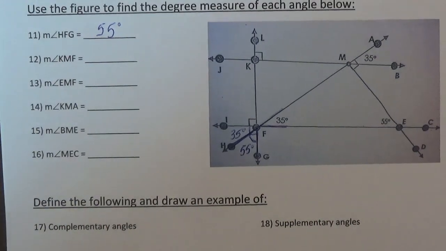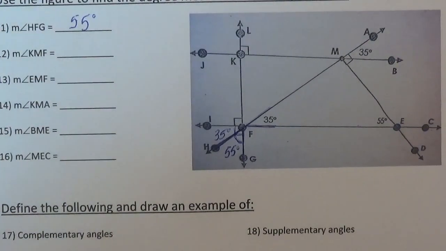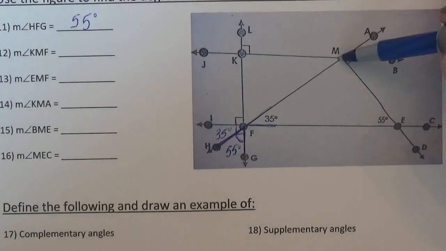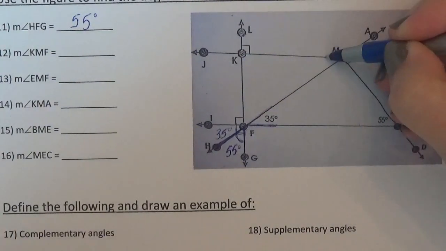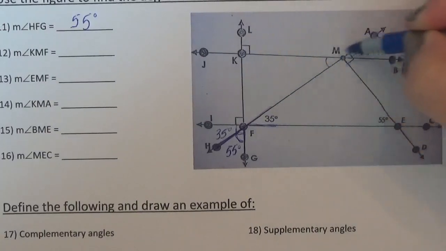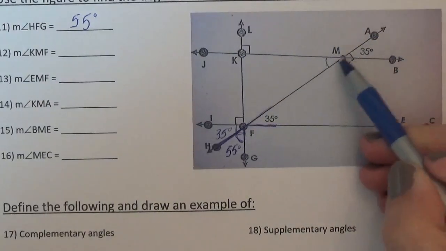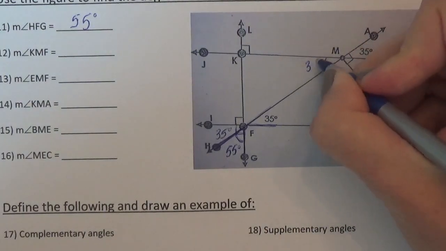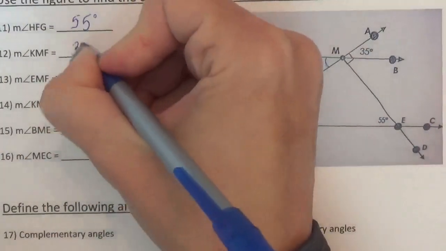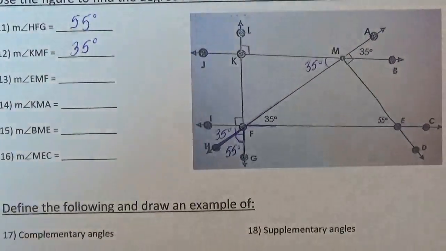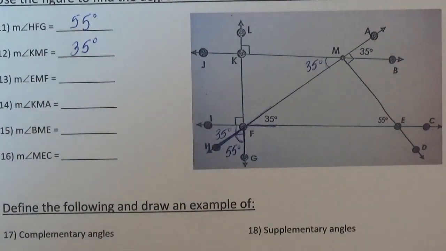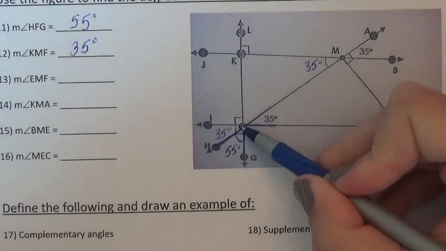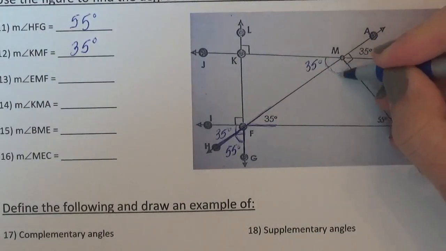All right, KMF. KMF. F is over here. So they're talking about this angle right here, KMF. Boom, vertical. That's 35. So that's 35 degrees. EMF. Where is E? E, M, F. So this angle here.